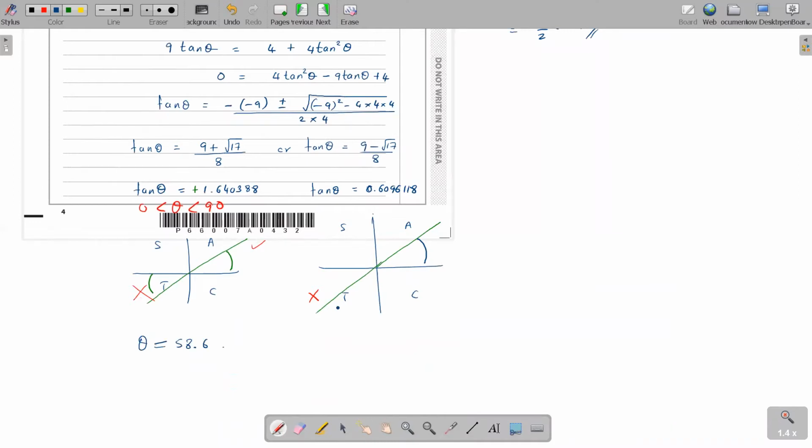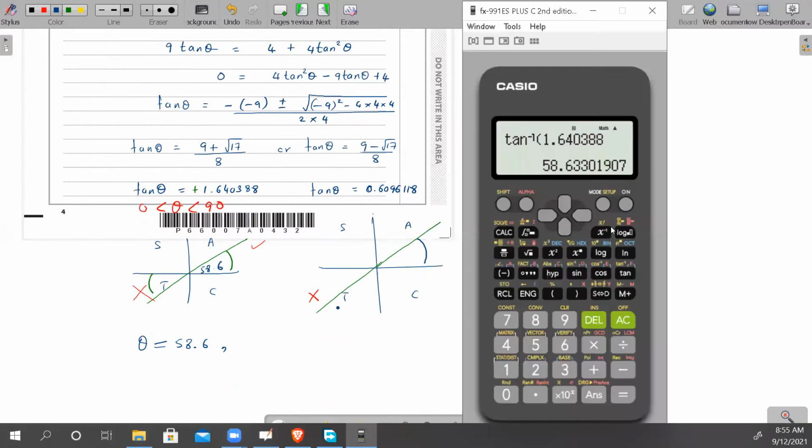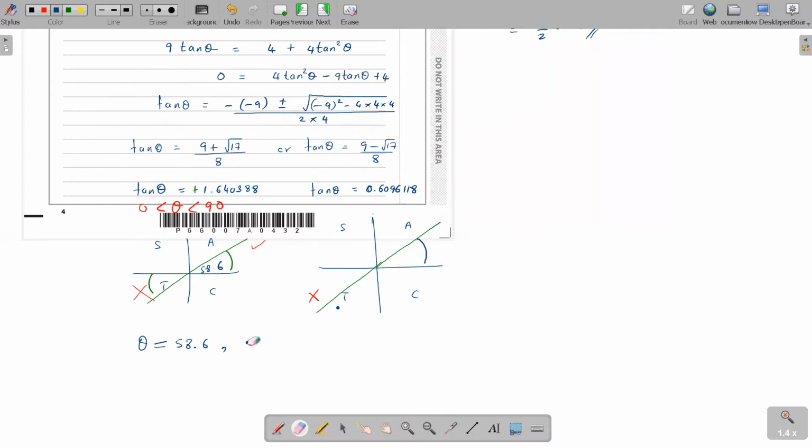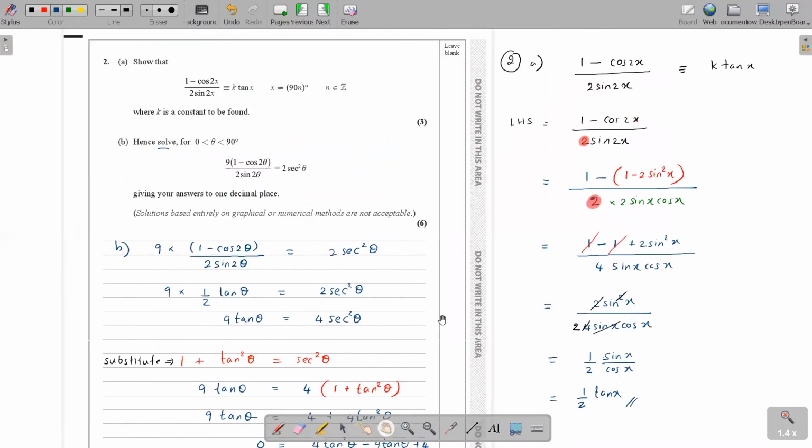The second answer is tan inverse 0.60961118, which gives me 31.366, which means 31.4. So 31.4. So these are the two angles, the two solutions in this particular range.